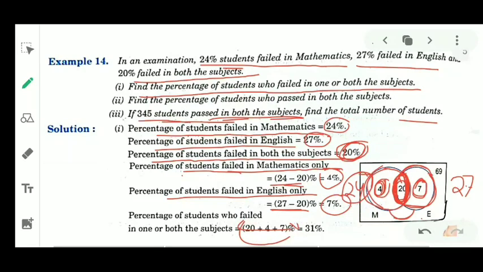You have to add these three. 20% of students failed in both the subjects, 4 is for mathematics and 7 is for English. So it is 31%. Clear?